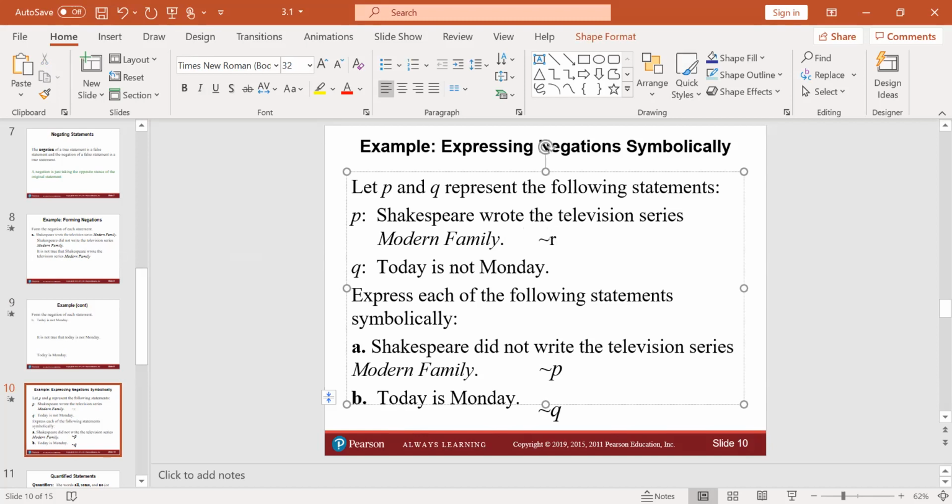If your statement was R, then putting a tilde in front of it means not R. So if the statement P is Shakespeare wrote Modern Family, then the statement Shakespeare did not write Modern Family would be symbolized not P. You'd put a tilde in front of a P, and you literally read that as not P.